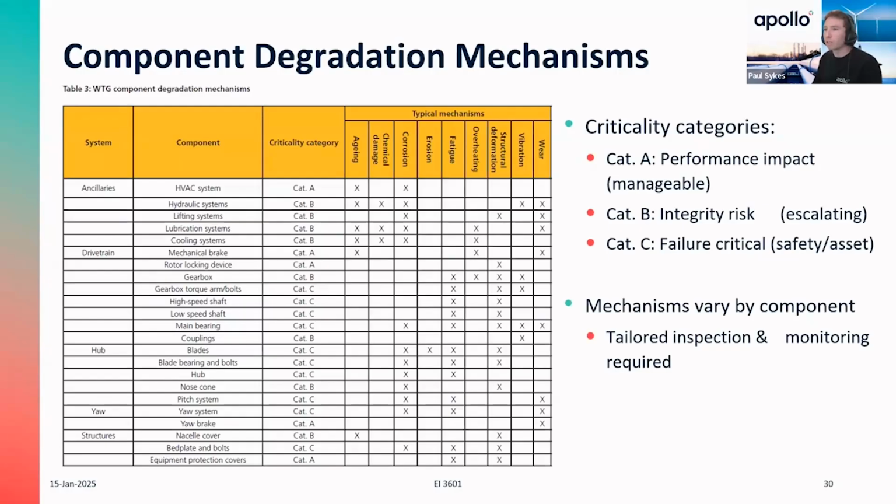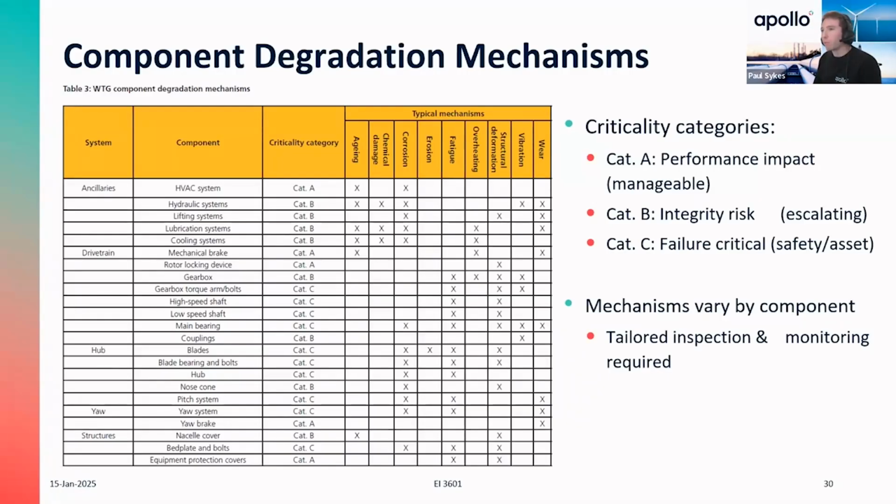The table also introduces example criticality categories, so A, B, and C. So this is where category A covers components where failure primarily impacts performance or availability, but doesn't immediately compromise the structural integrity or safety.